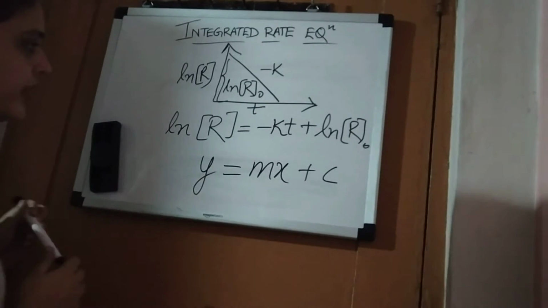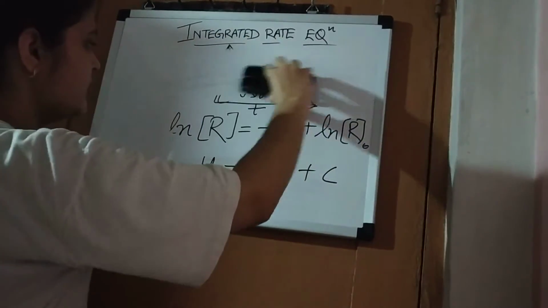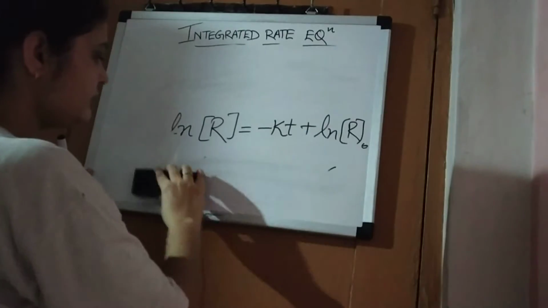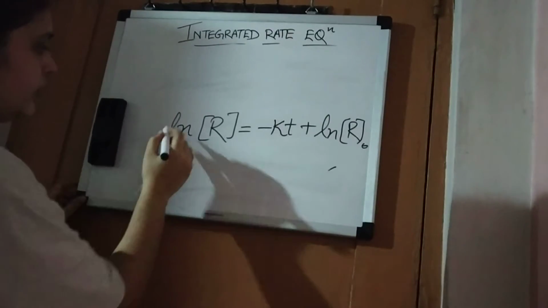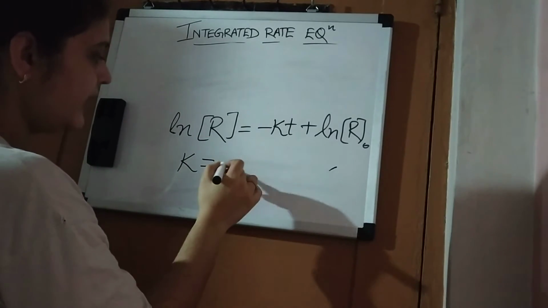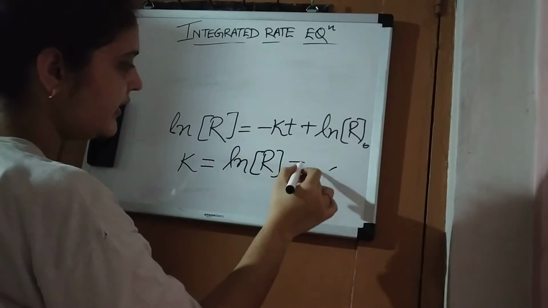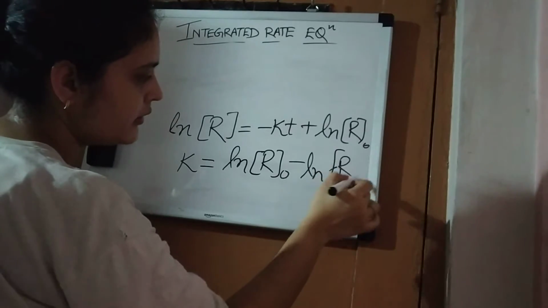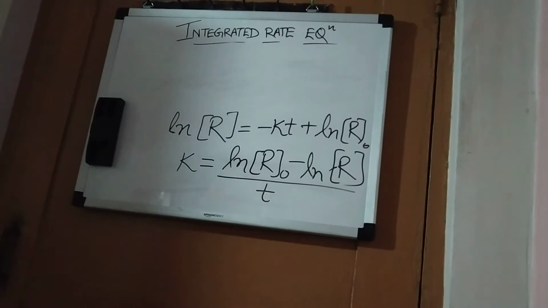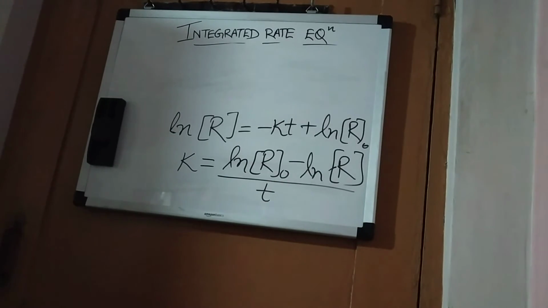Now how will we find k from this equation? We just have to rearrange all the terms and we will find k. So k will be ln R naught minus ln R upon t. Or how can we write this?